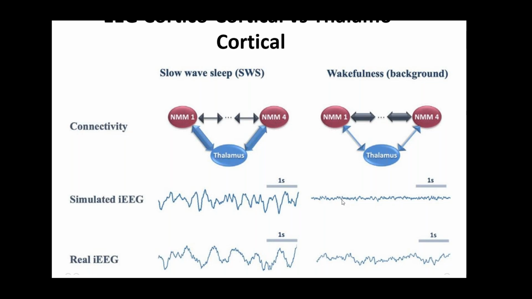As a result, you will see a low voltage beta that you see during the wake background. All right. So with this, we'll be able to understand, okay, now these squiggle lines make some sense. We have some slow waves that represent large networks, and we have fast low voltage waves that represent small networks.